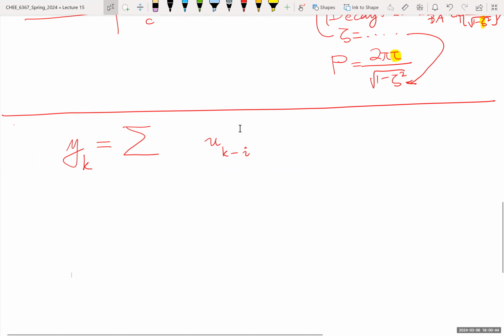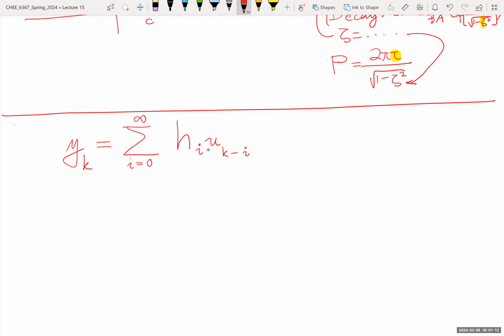So you have here the sequence uk, uk minus 1, uk minus 2, uk minus 3. So i in general goes from 0 to infinity, all the past values of these inputs, and they are weighted by certain weights. Those weights are sometimes called the convolution weights, hi.